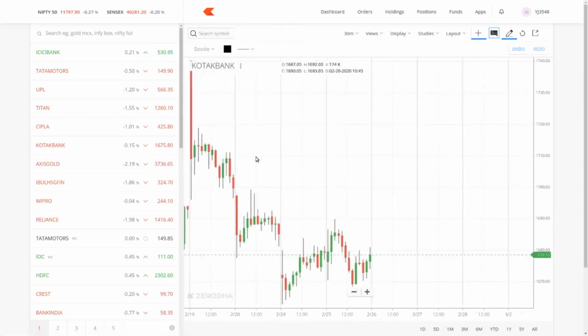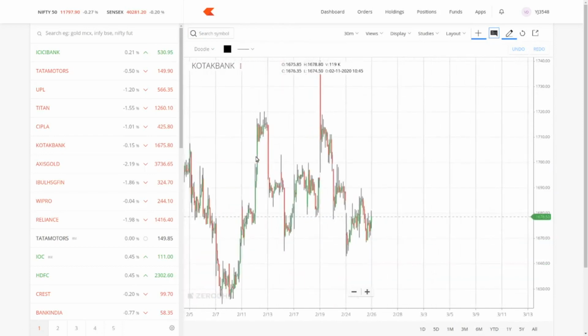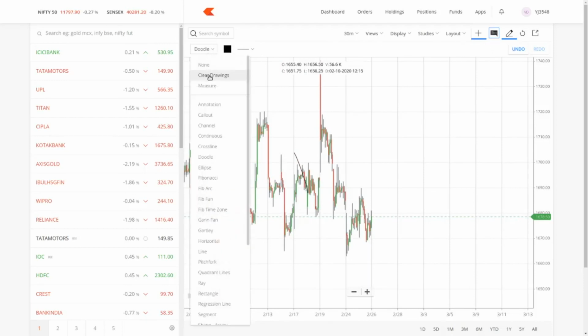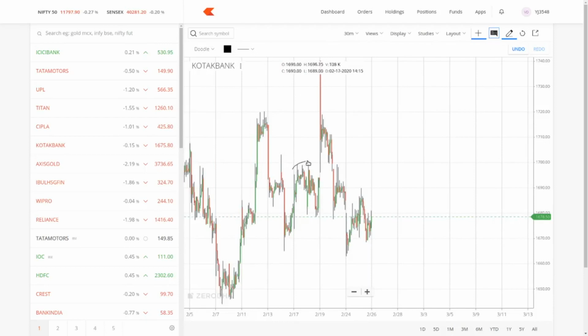If I zoom in and look here, sorry, one second, let me clear. So this is the left shoulder, this is the right shoulder, and this is the head, a big head.